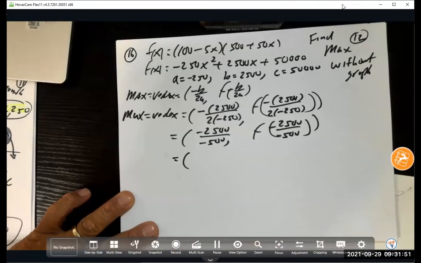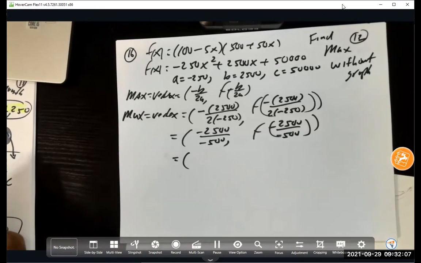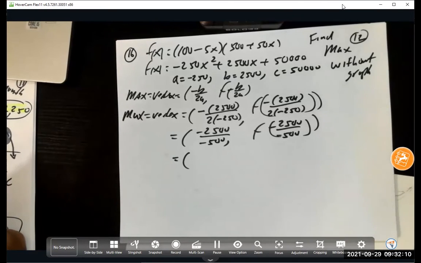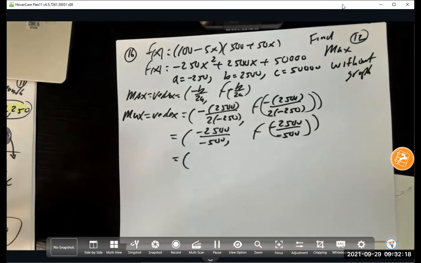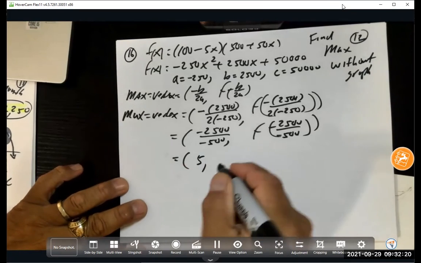Negative by negative is going to be positive. Negative 2,500 divided by negative 500 is 5. So I got 5, right?